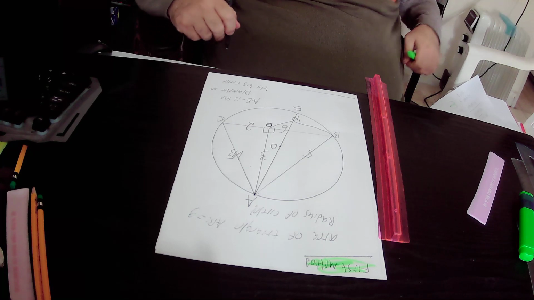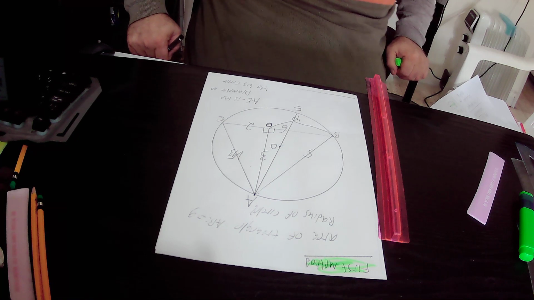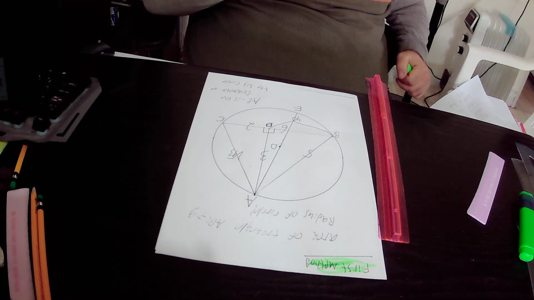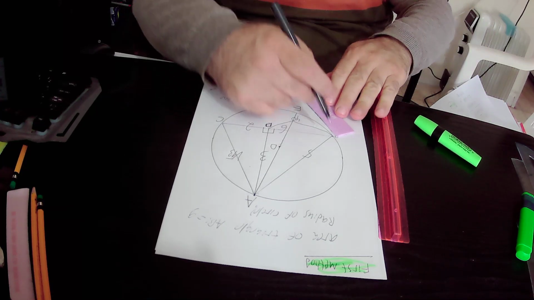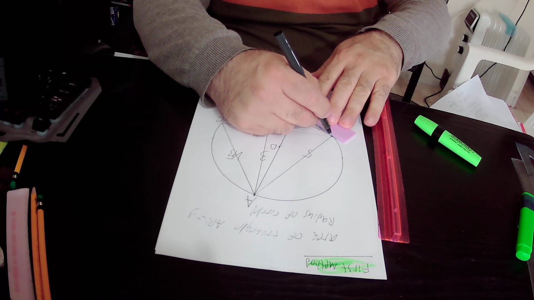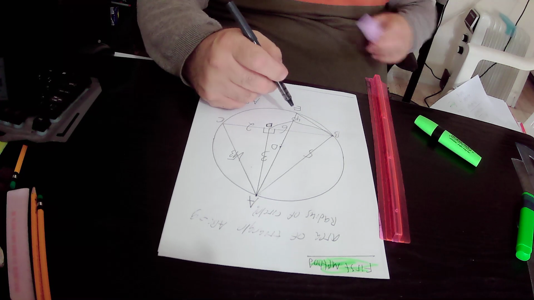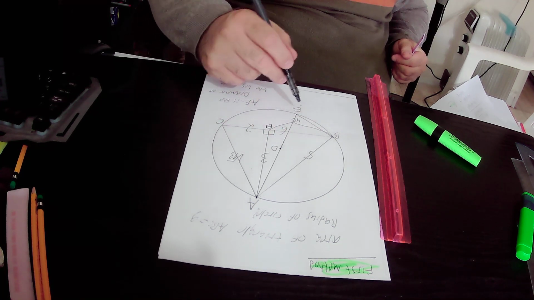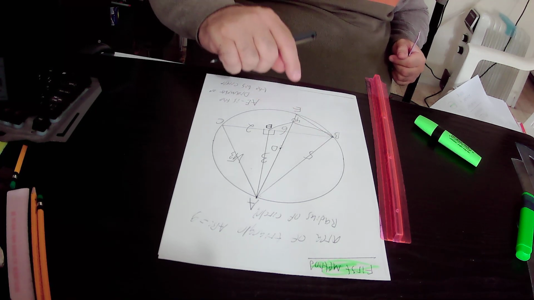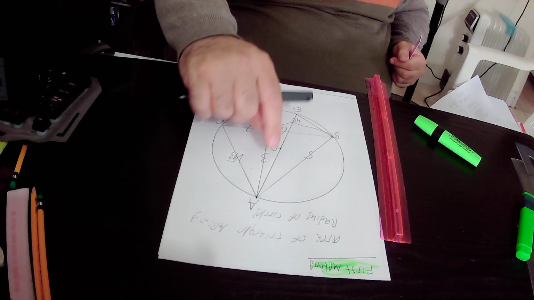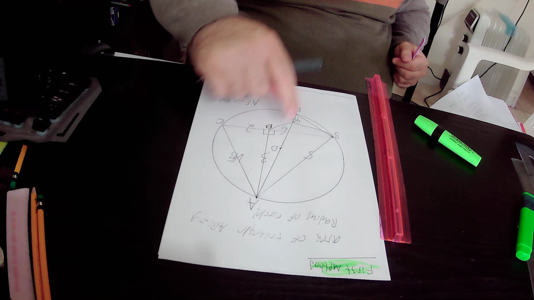Okay? And in the next step, we'll join points B and E together by a straight line. It is very easy to see that angle ABE rests on the diameter of the circle, that is AE.